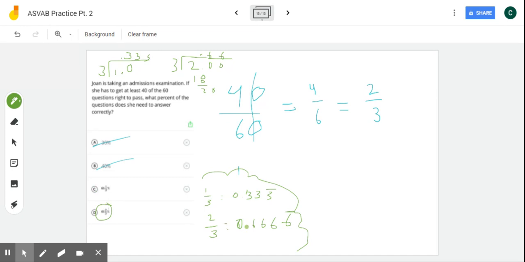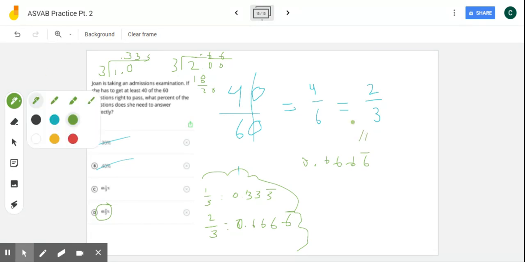We'd multiply that by 100. So 0.666 times 100, and again, that's repeating.